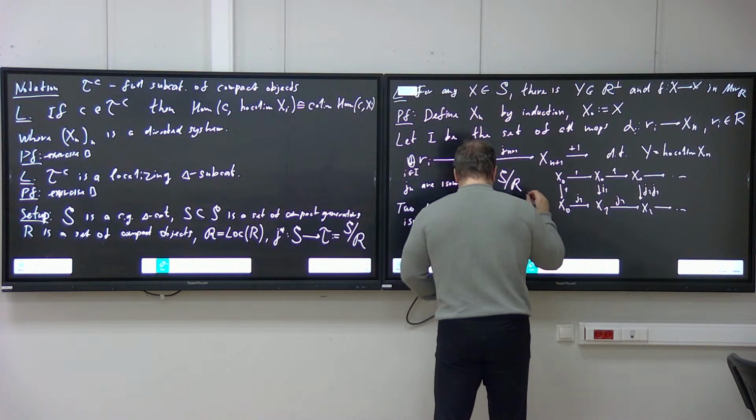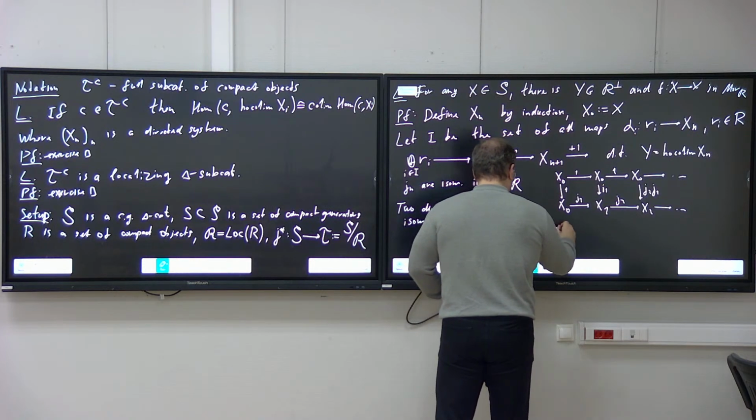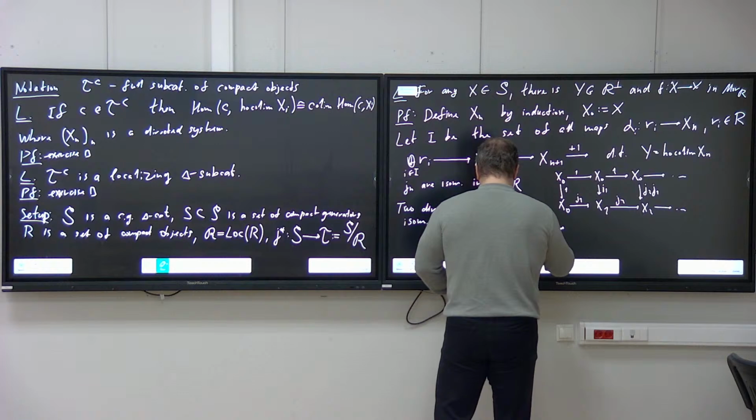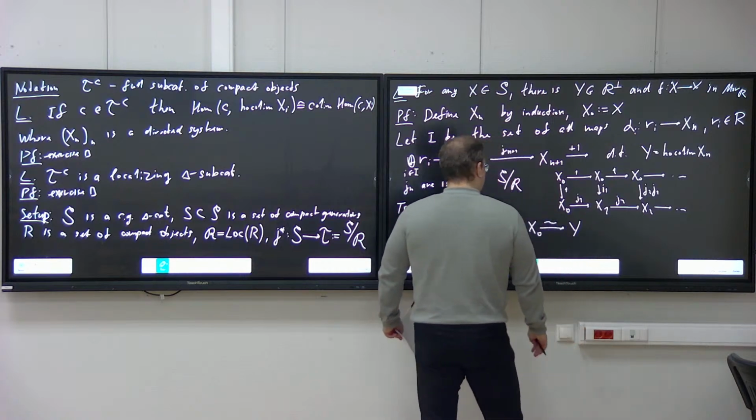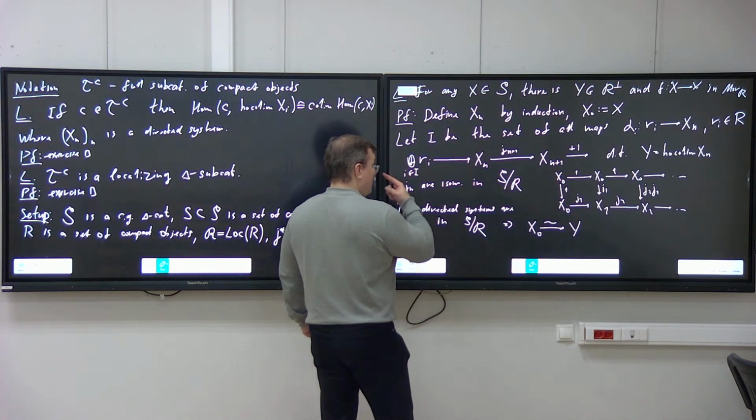So the conclusion is that there is a map from the x0 to the y, the homotopical limit, which is an isomorphism in the S modulo R.